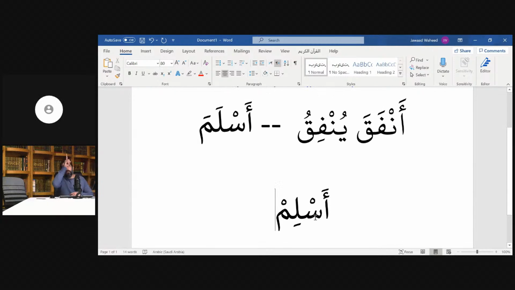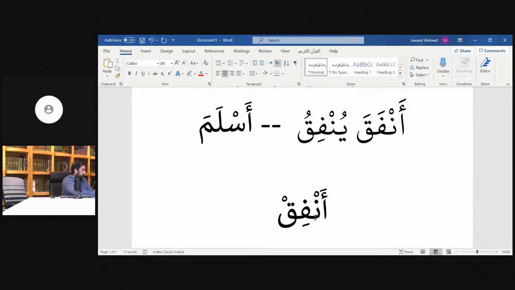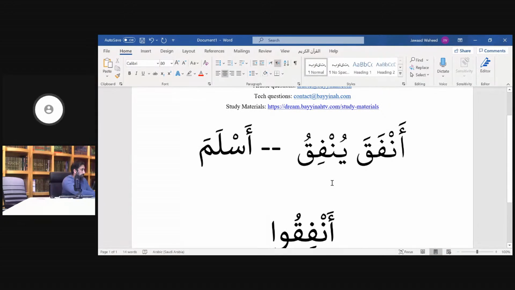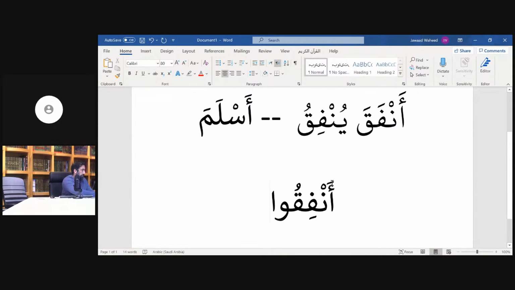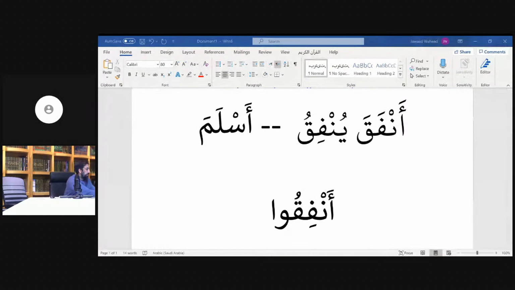Aslim. And just like that, the same thing would happen for anfaqa. So it'd be an. And then if we wanted to make that plural, we would follow the same rules. And then it would become anfiqu. So anfiqu is a plural command. Good eye.